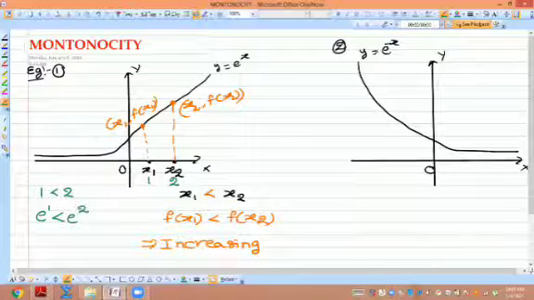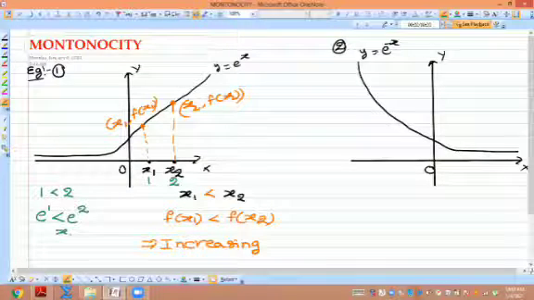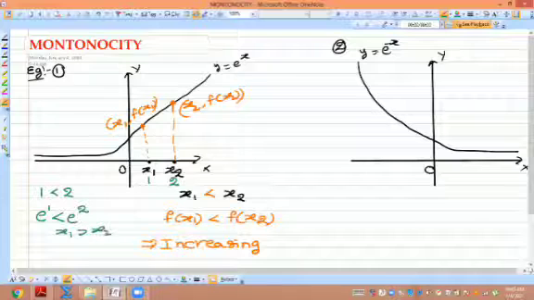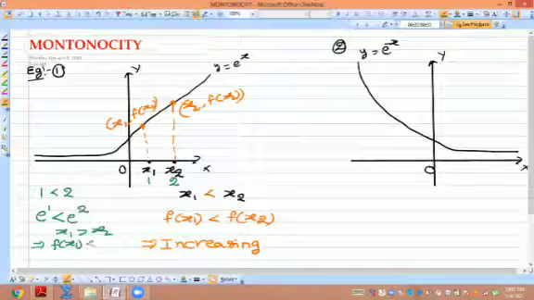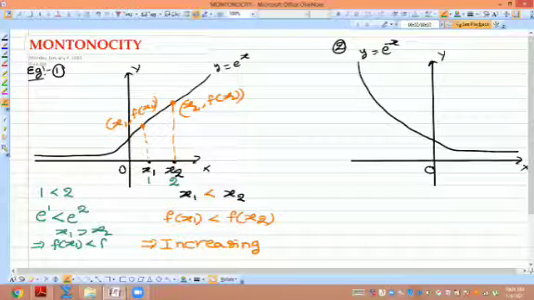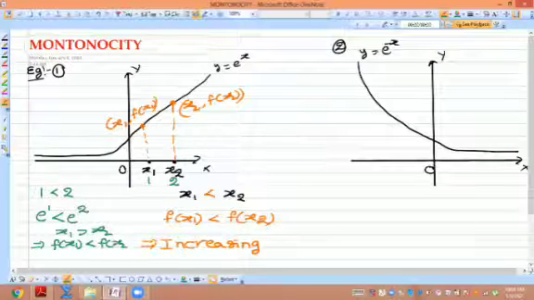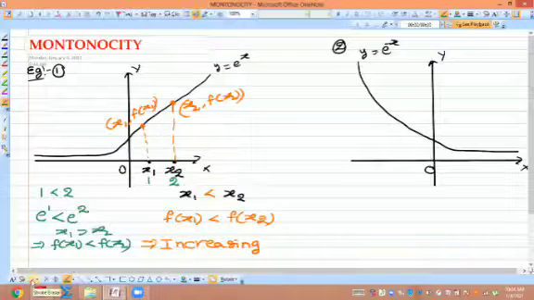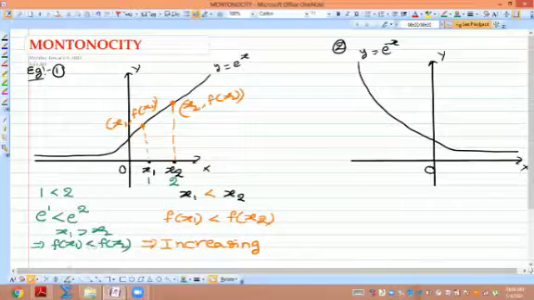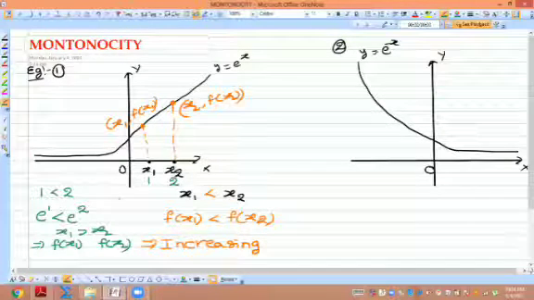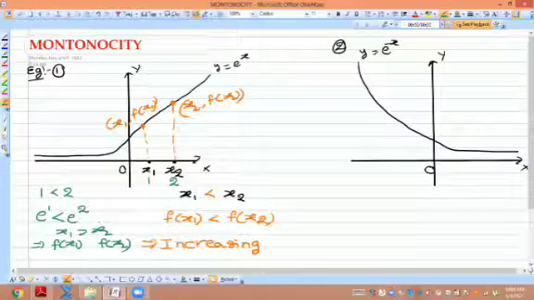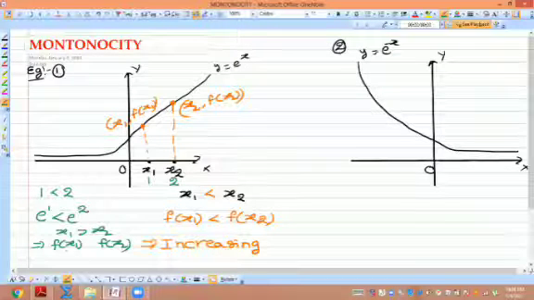Now in another way I can tell that if x1 is greater than x2, what is the relation of f of x1 and f of x2?